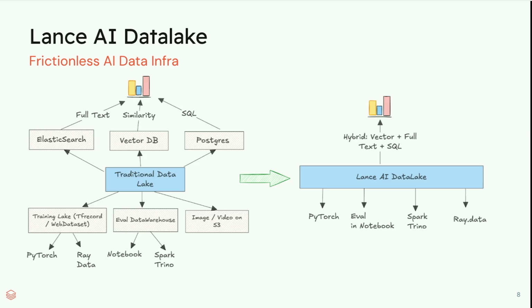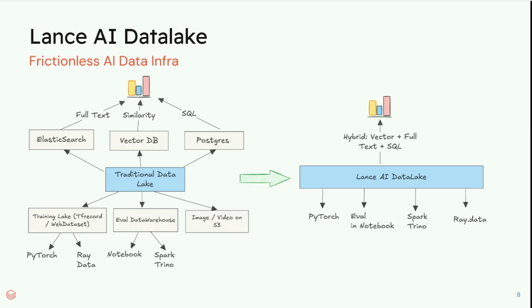For example, you may have Elasticsearch for full text search, you may leverage a vector database for vector search, and you may have PostgreSQL that allows you to do SQL search. Each database has its own search capability. If you want to add another one, you need to add another data storage and a different framework.